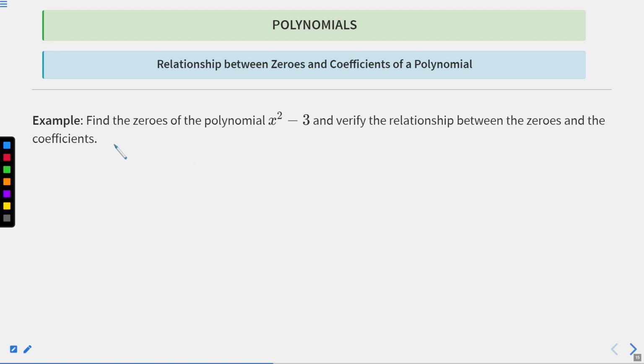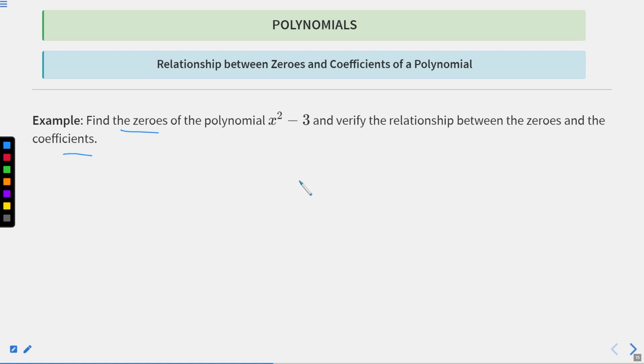In this example, we have to find the zeros of the polynomial x square minus 3 and verify the relationship between the zeros and the coefficients. First we can factorize this quadratic polynomial into two linear factors.